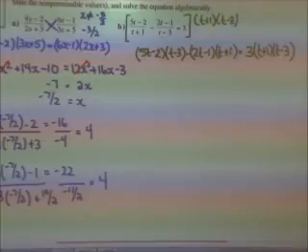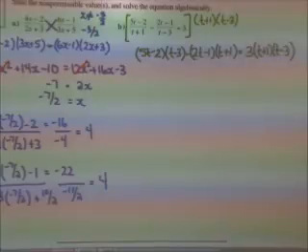So I'm going to give you a moment, and I want you to expand all of that out, removing the brackets and simplifying it.